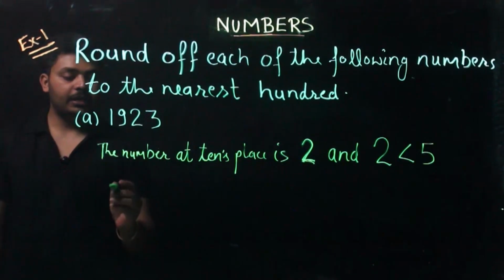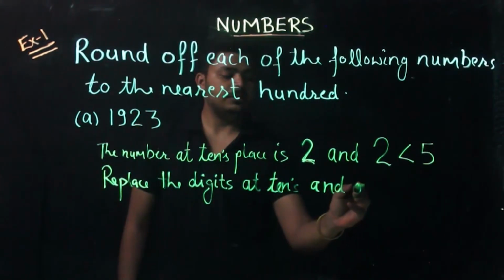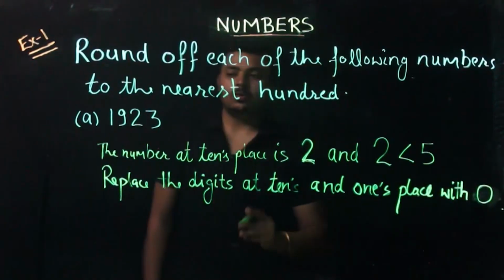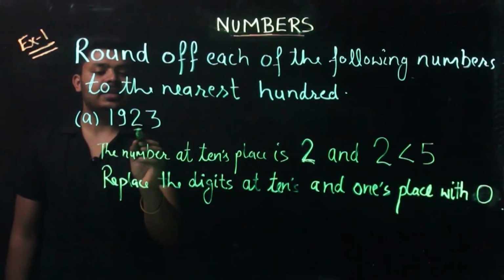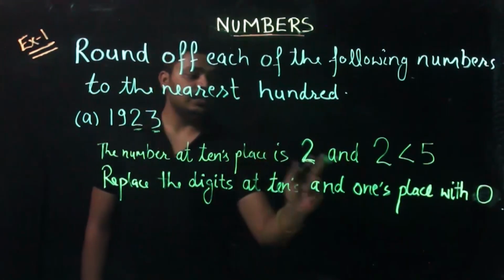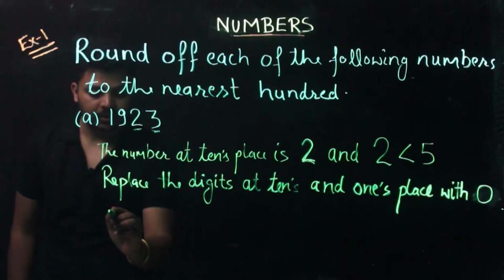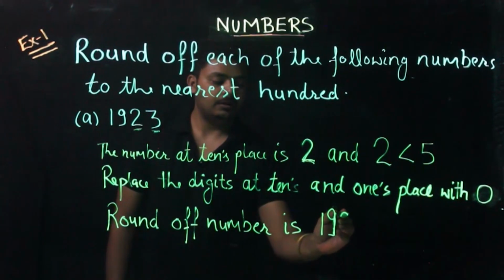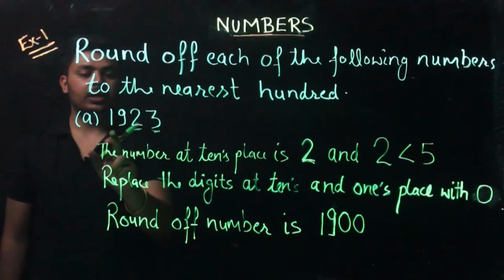We only need to replace the digits at tens and ones place with 0 in case the number at tens place, that is 2, is less than 5. So our round off number becomes 1900. This is the round off number to the given number.